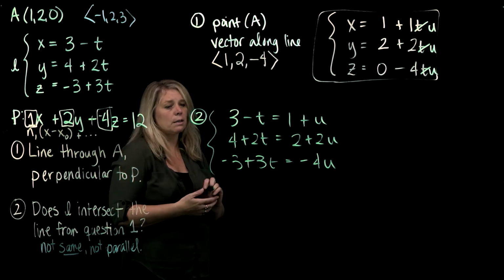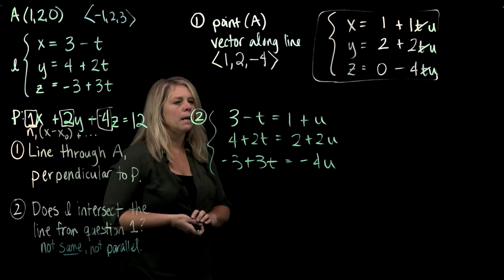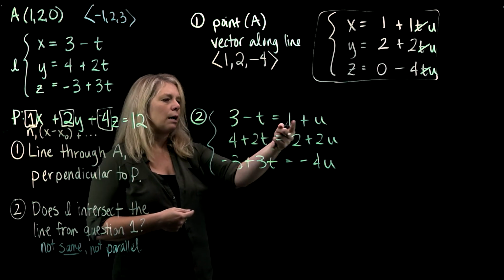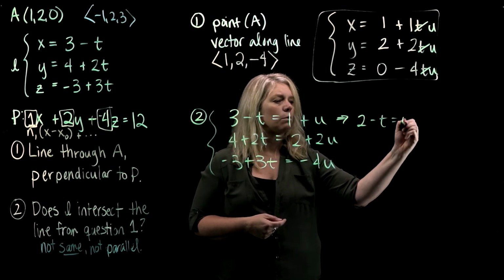There are a lot of ways to solve systems of equations. I'll probably just use substitution. I'm going to take this first equation and isolate the u. So I'll subtract 1 from both sides: 2 minus t equals u.